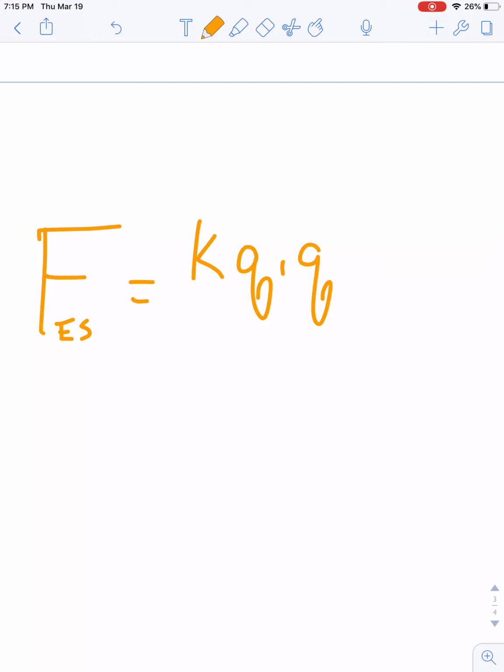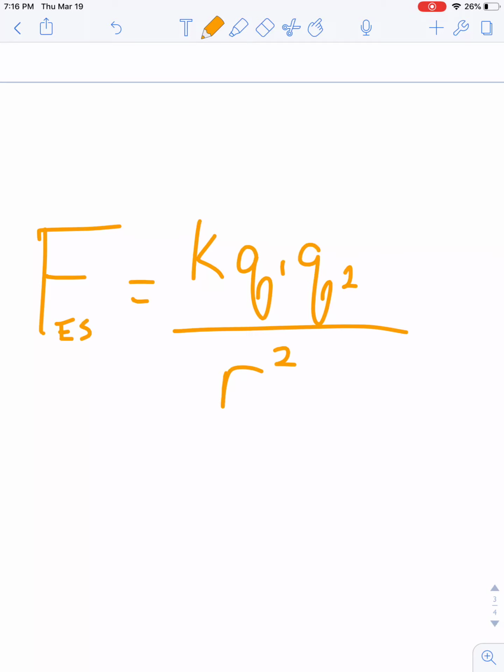So the equation that we get is the electrostatic force will equal K, and I'll get to K in a second, Q1, Q2, divided by R squared. So let's look at this equation real quick. K, Q1, and Q2 are all going to have the same effect on the electrostatic force. Actually, K is a constant. That number is never going to change.